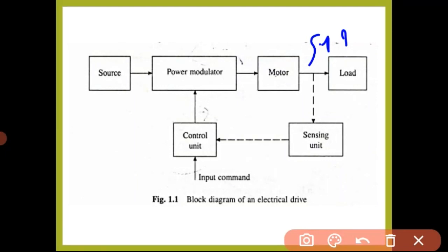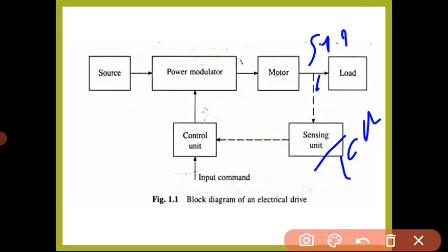So here the sensing unit is nothing but a tacho generator. I hope you know what a tacho generator is. A tacho generator is coupled with the shaft of the motor, and a voltage proportionate to the speed is generated, right?